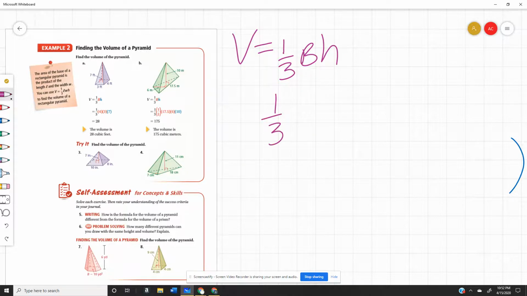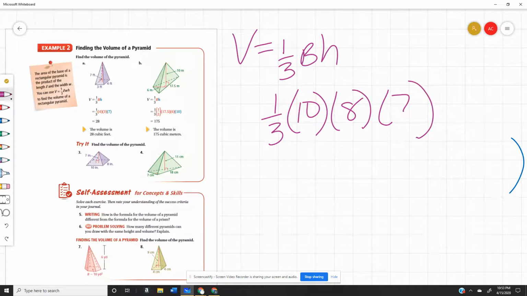So 1/3. In this case, our base is 10 times 8, and our height is 7. So 10 times, let's see, 7 times 8 is 56. 56 times 10 is 560. And we want 1/3 of 560.